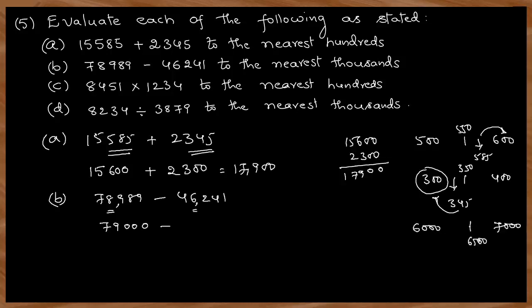The middle number is 6,500. But here it is 6,241, which is nearer to the 6,000. Okay. So you can write this as 46,000, which is nearer to the 6,000, because he is asking for nearest thousands.